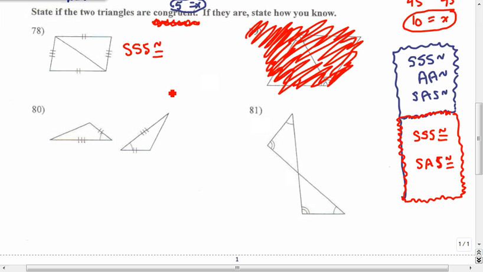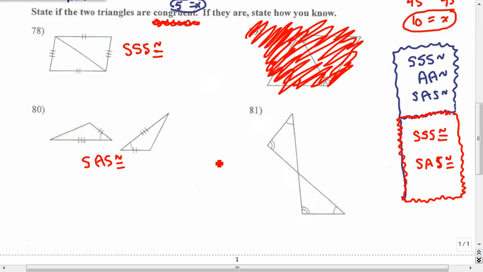Okay, for 80, what information do we have? We have 2 pairs of sides that are congruent, and we have the angle between them is congruent, so we can use what conjecture? Side, angle, side congruence. So we have enough information to prove our congruence there with side, angle, side congruence.